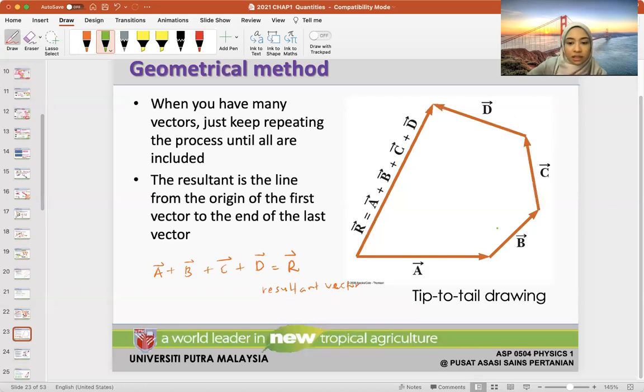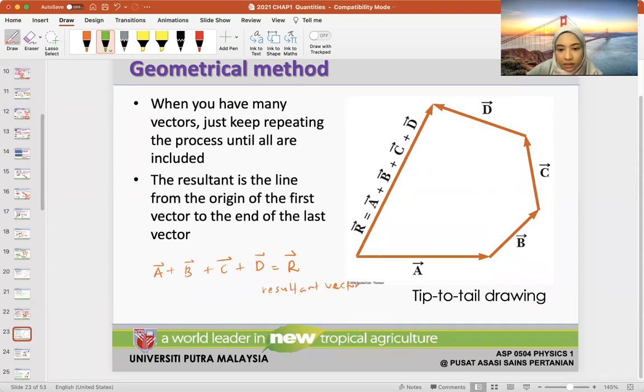Let's say the question doesn't give length and direction. Dia bagi a bunch of arrows and disuruh tambah. Okay, let's just do it.